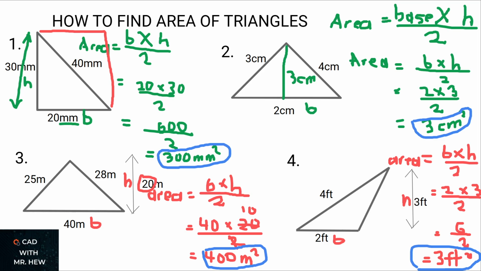We showed you how to calculate the area for 3 triangles given in metric measurements: the first in millimeters, the second in centimeters, and the third in meters. The fourth question was given in imperial measurements, and the unit was feet. So the answer for 4 would be 3 feet squared. If you can see the square, this is squared.